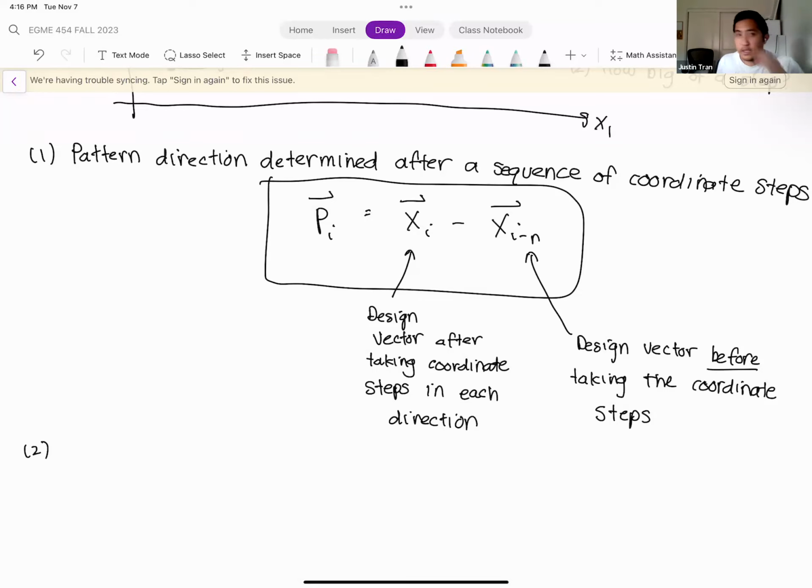So finding the pattern direction is actually the easy one. The difficult part is determining how large of a step we want to take in that direction. This leads back into our other discussion from last Thursday: how do you determine that step length without taking any derivatives of the objective function?